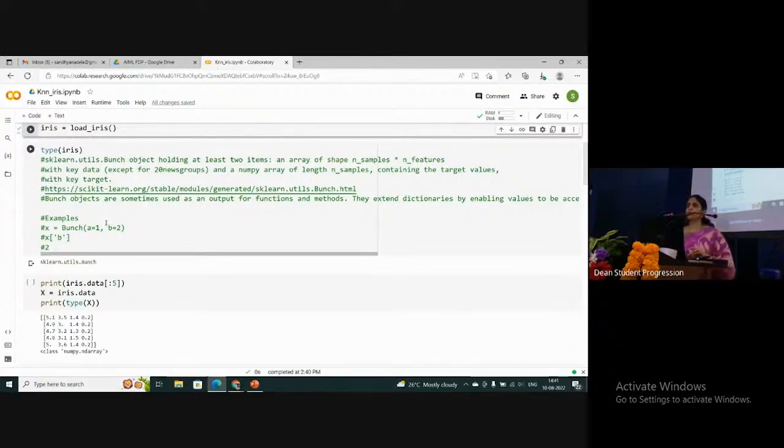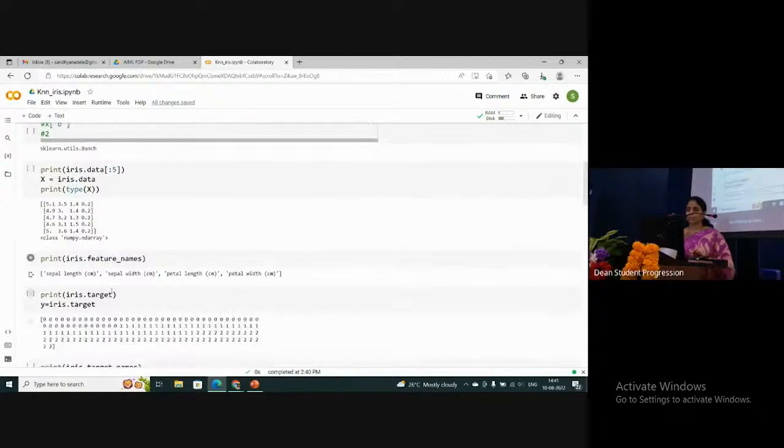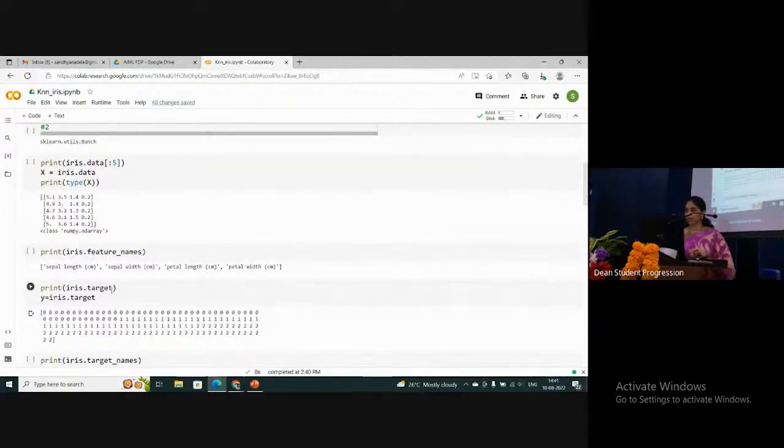It could be an array, a stack, or a queue. The data type of your Iris data set is Bunch, and Bunch is like a dictionary. Now, if I want to print the first 5 values of your data set, I just say print iris.data. Those who are already familiar with Python, I think this would be a very easy thing for you.